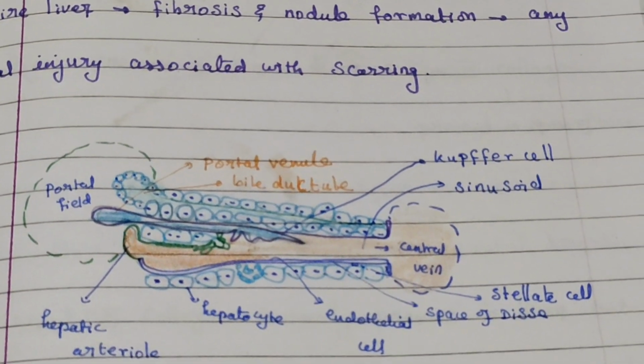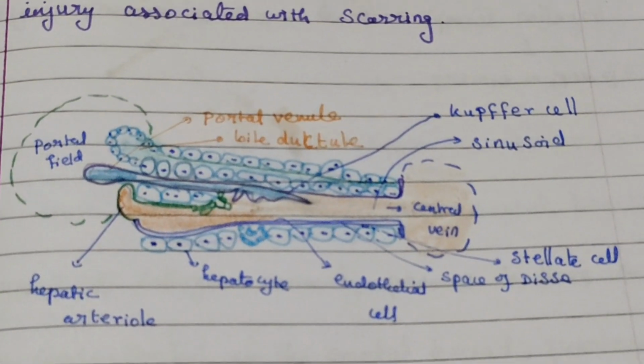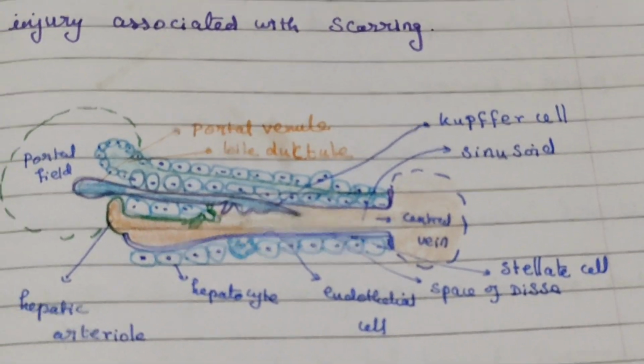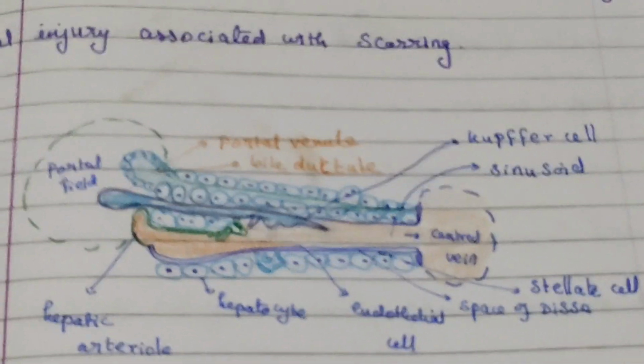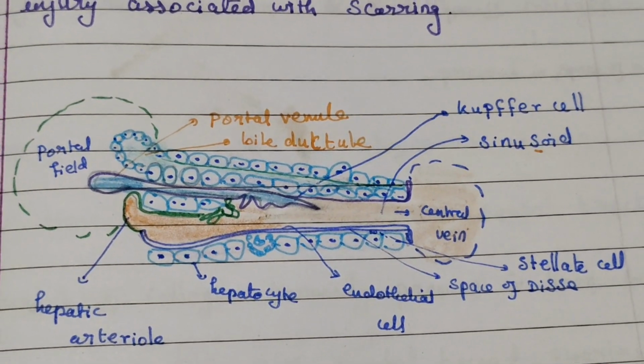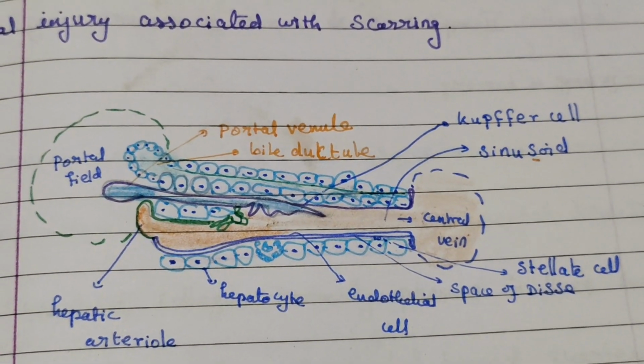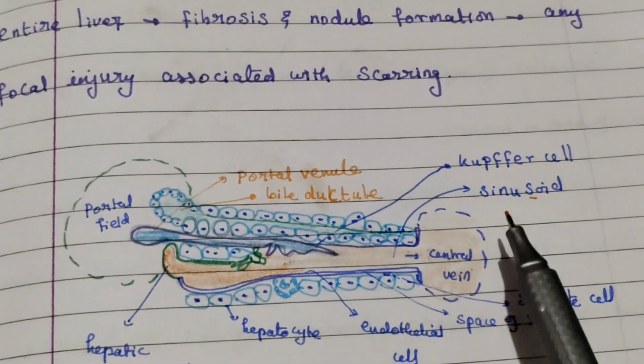So, there is a portal triad, and you see the central vein. There are cords of hepatocytes and the sinusoids.